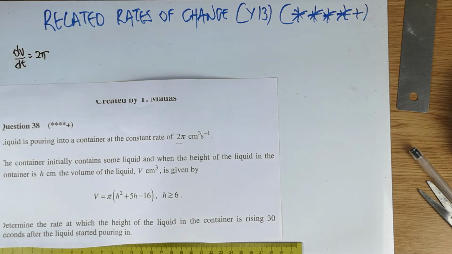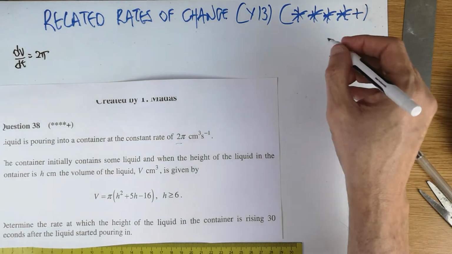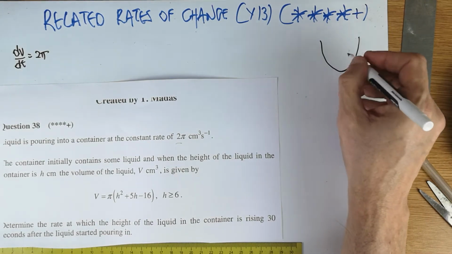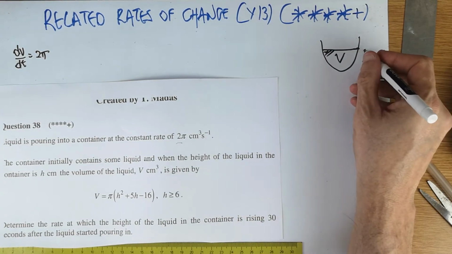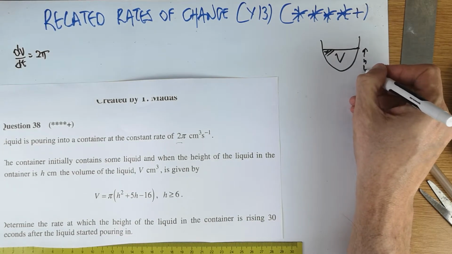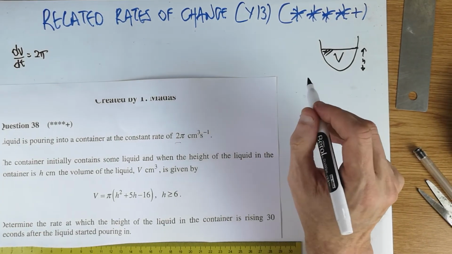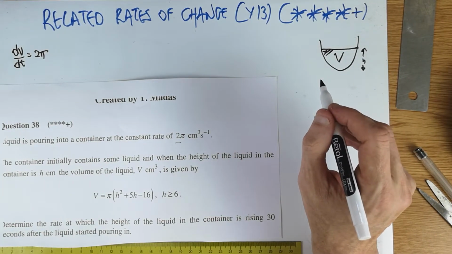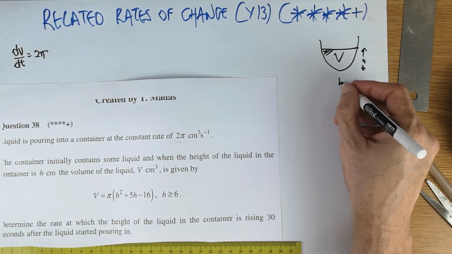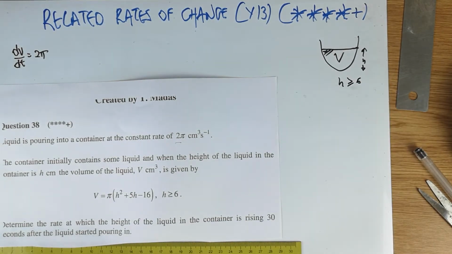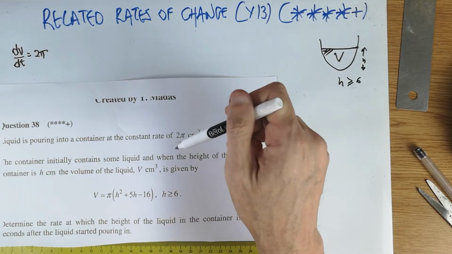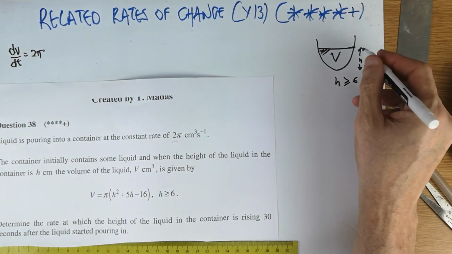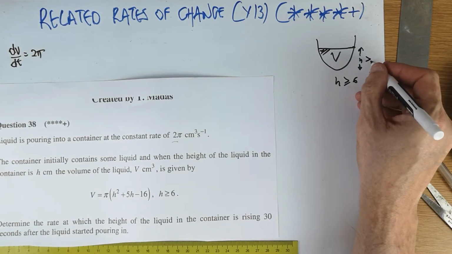And when the height of the liquid in the container is 8 centimeters, so we have a container, let's just draw it here. What shape it has hardly matters. So this is V, and this is the height, where H is greater or equal to 6.